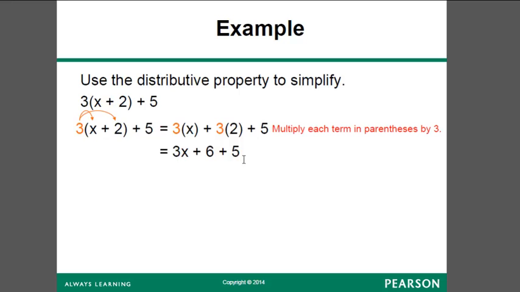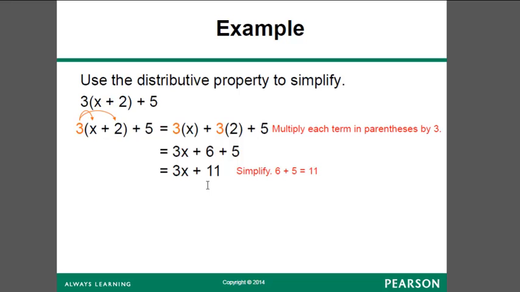Looking at this, I want to see if there are any like terms. If there are, I want to simplify them. And in this case, there are. I can take the 6 plus the 5 and get 11. So I have 3x plus 11.